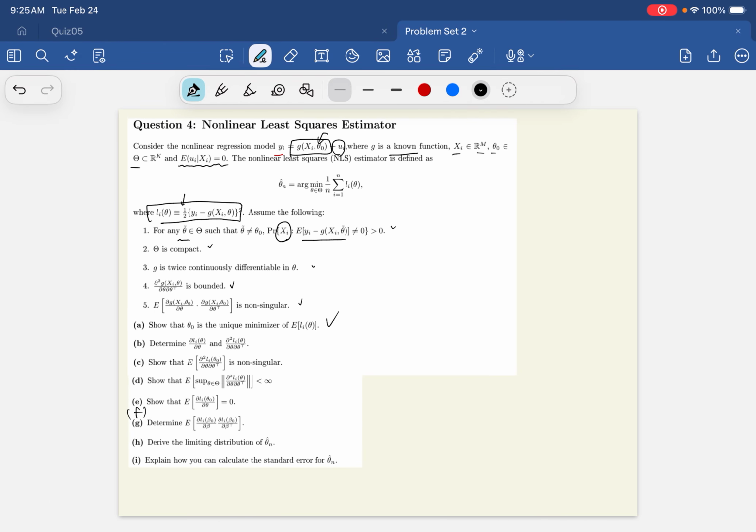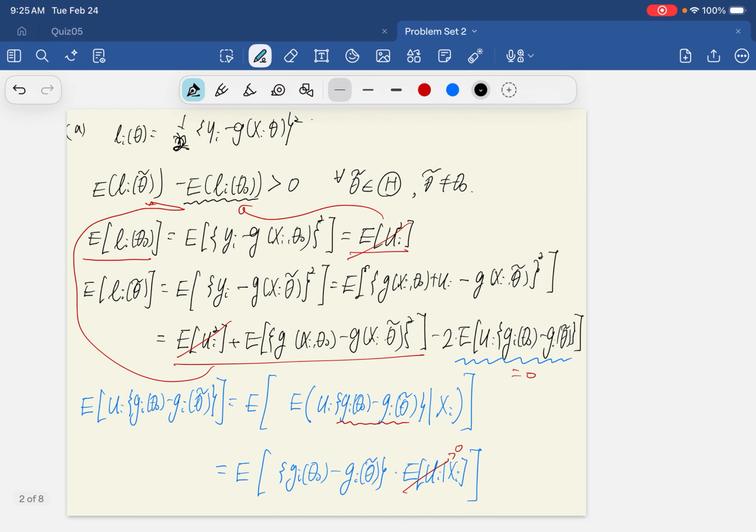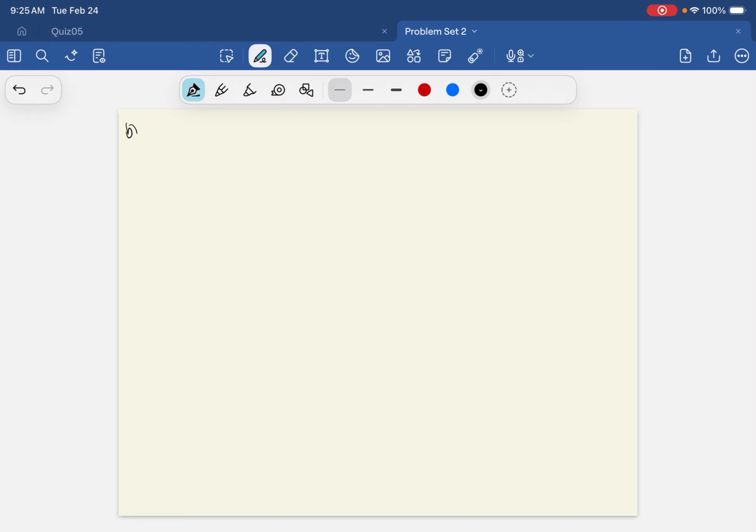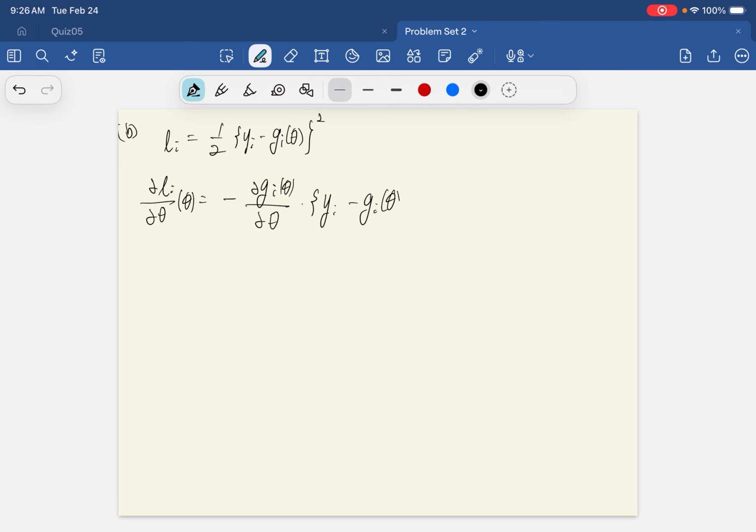Now let's do the calculus. Part B: Li is 1 over 2, now I'm going to use 1 over 2 again, (Yi minus gi(theta)) squared, I will just write it this way. And then the first derivative is minus the derivative of gi(theta) with respect to theta times (Yi minus gi(theta)).